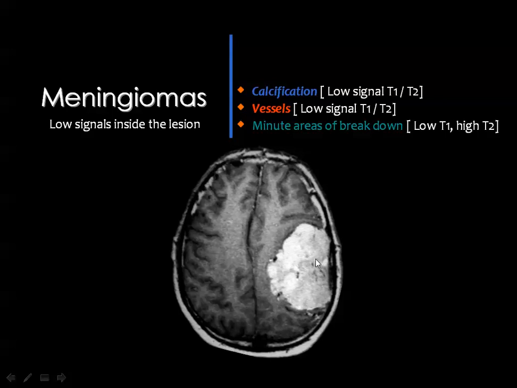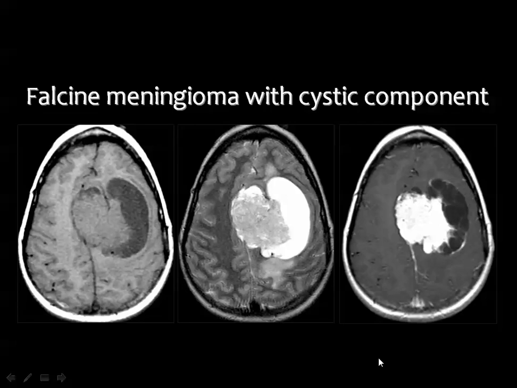And also the tumor may contain calcium, as we have mentioned, and you know calcium usually shows low signal in the T1 and low signal in the T2 weighted image, and the calcified area will not be stained by the contrast media. Then it is acceptable to see vessels and to see calcium, which are of low signal within the homogeneously enhanced tumor based to the dura diagnostic of meningioma.